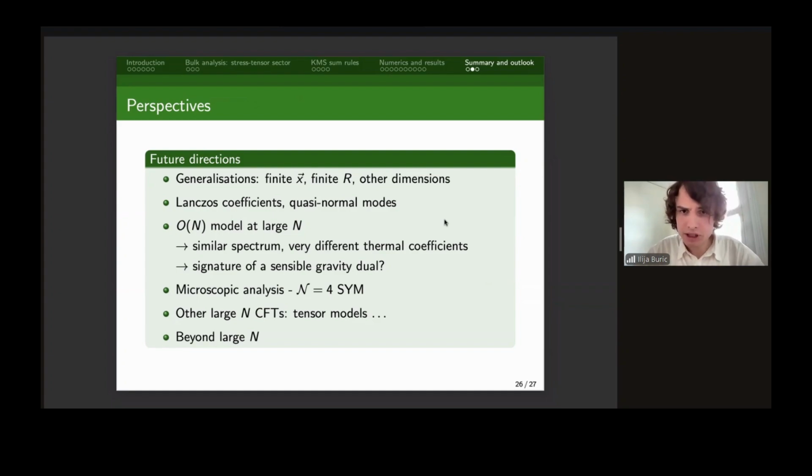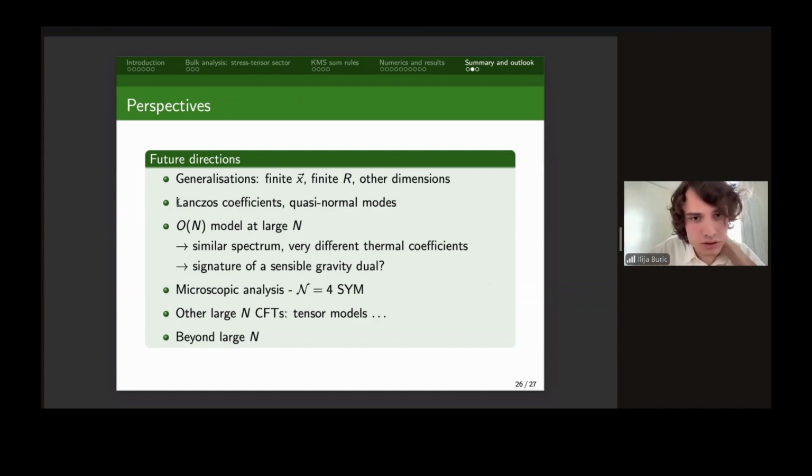As for other dimensions, this was all in 5 dimensions in the bulk and 4 on the boundary. As long as this Fitzpatrick-Wang ansatz works, everything else should follow. So far, it's known how to do this ansatz in an even number of boundary dimensions. For odd dimensions, it would be interesting to see what can be done.